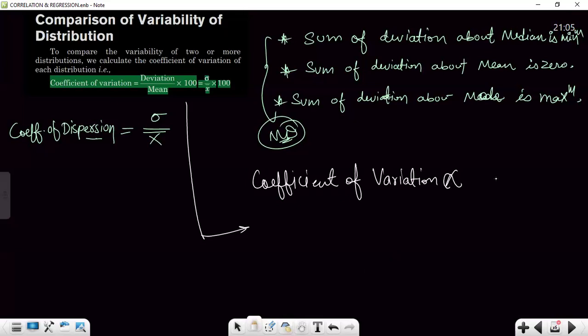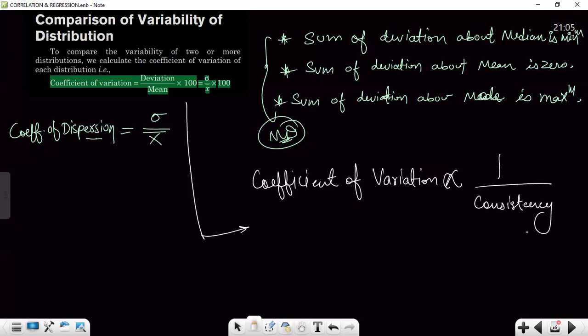It means it is less consistent, so it is a quality which is inversely proportional to consistency. This is what I need you to understand. Variability or coefficient of variation or dispersion is inversely proportional to consistency.